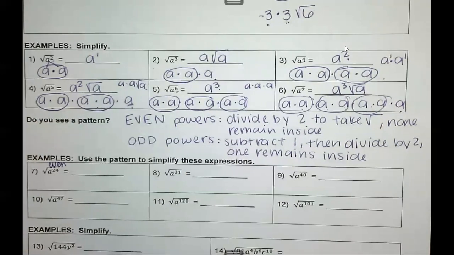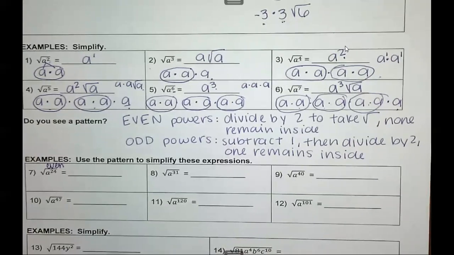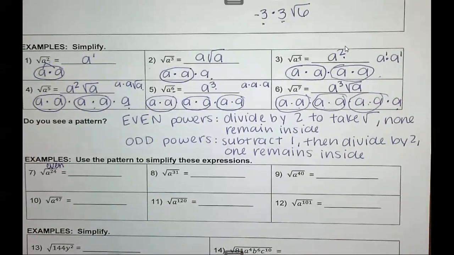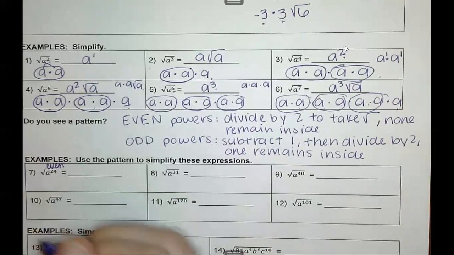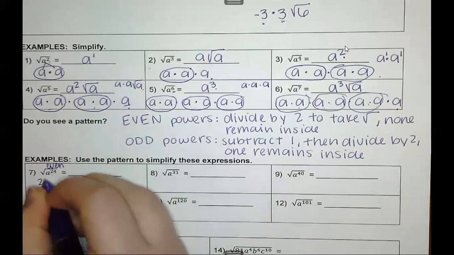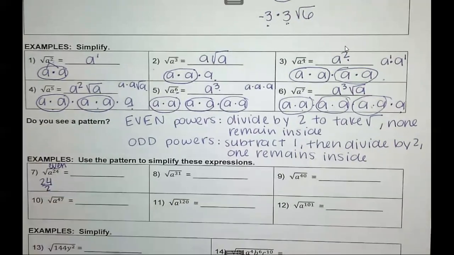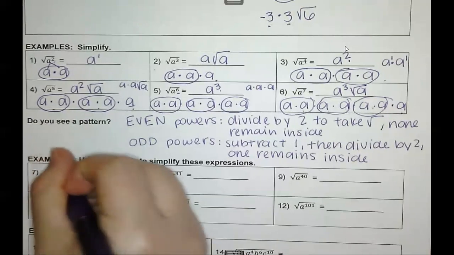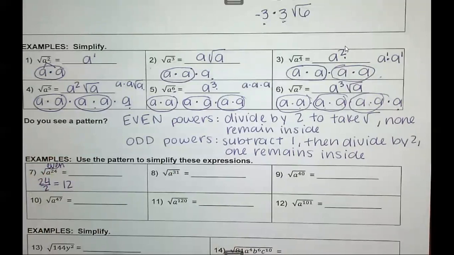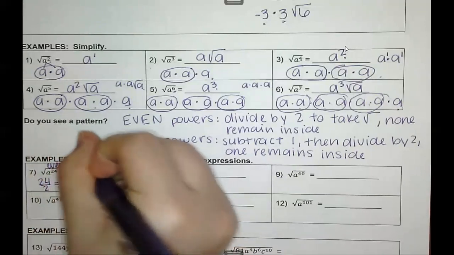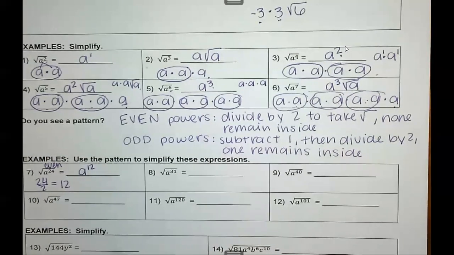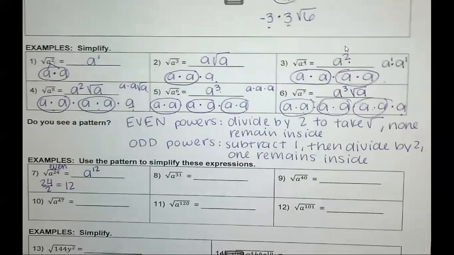The first rule says all we're going to do is divide that power by 2, and there won't be anything left under the square root. So my power is 24, and I divide it by 2. 24 divided by 2 is 12. So I'm going to have a to the 12th and nothing left under the square root.